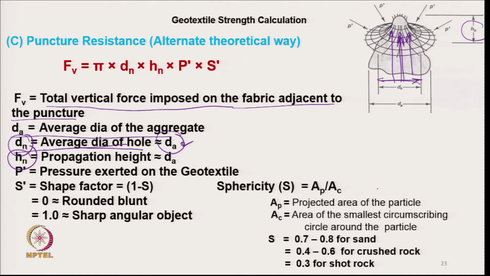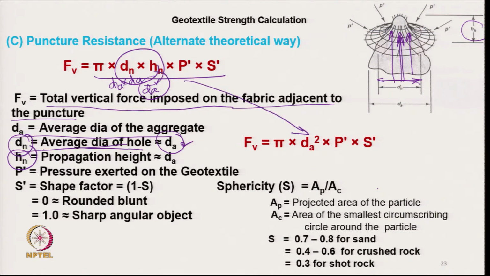So, if we assume dn equal to dA and hn equal to dA, this portion will be dA into dA, equal to dA square. If we use this, the formula will become Fv, the total vertical force, equal to pi dA square P dash and S dash.